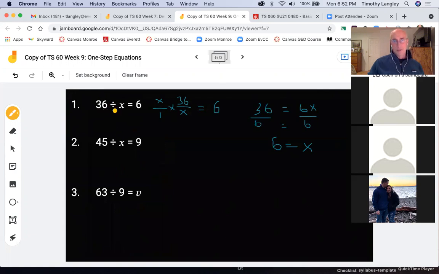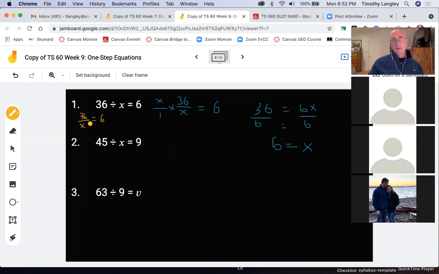This is 36 divided by x equals 6. I'm going to rewrite that as, well, let me just do it underneath here. This is how I rewrite it: 36 over x equals 6. That's how I would rewrite the equation, because it says divided by. Now, you see how I have division here, 36 divided by x.